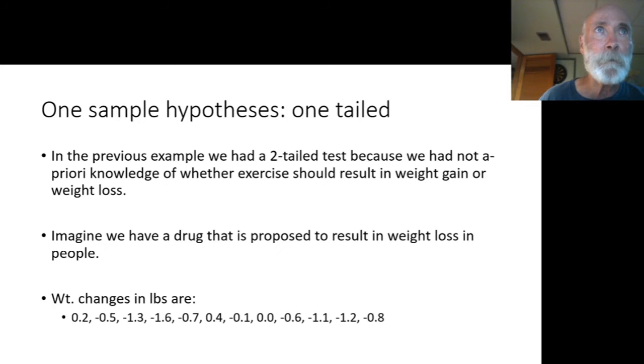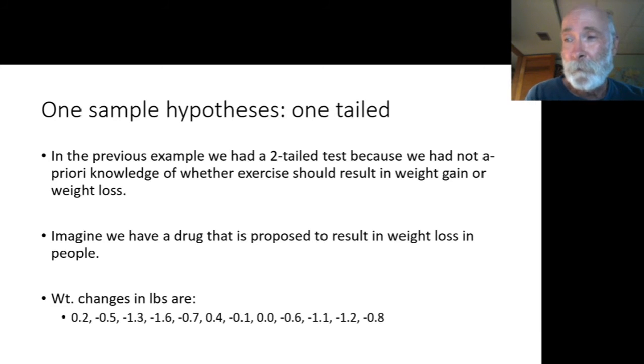Now what we're going to do is shift gears a little bit and stay with a one-sample hypothesis, but this time it's going to be a one-tailed hypothesis. In the previous example, it was a two-tailed test because we had no a priori knowledge of whether the exercise should result in weight gain or weight loss.